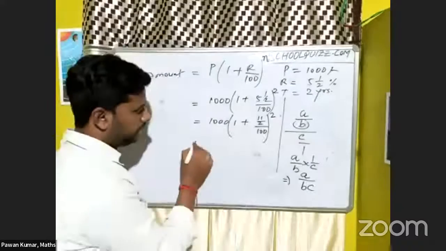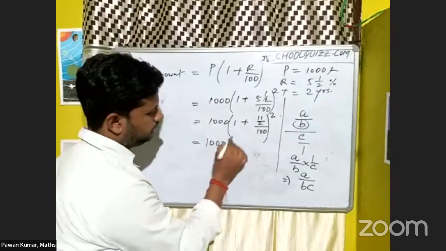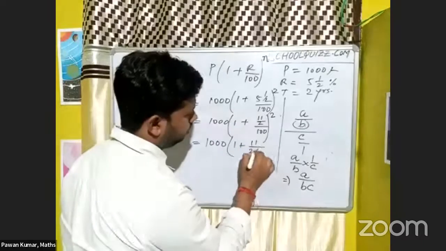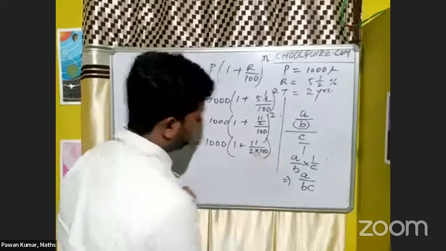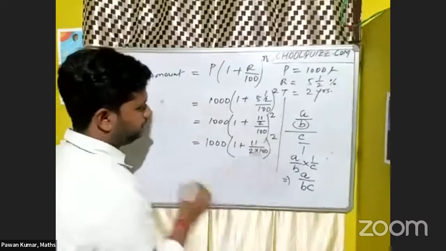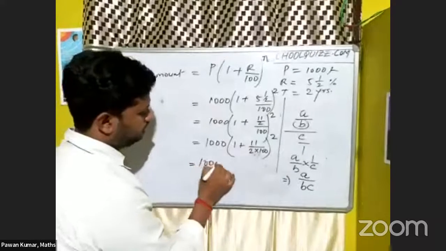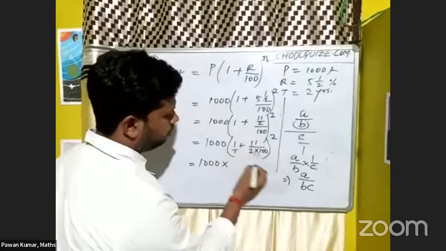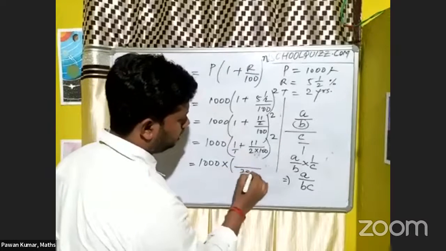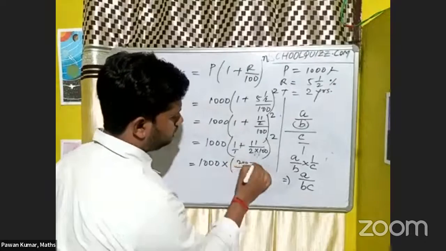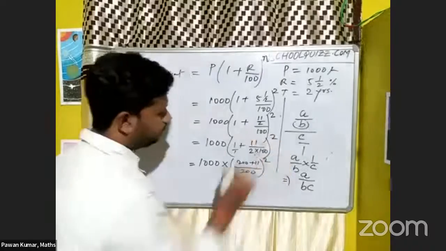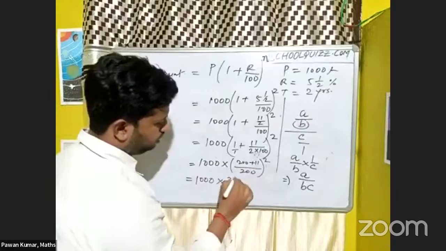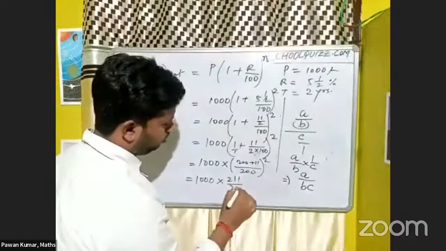So similarly, I can do it as 100. 1000 has 11 by 2 into 100. Okay, this will be the 2 here. So 1000 into, make it the LCM here, this is 200 plus 11, full power 2. So I can make it 1000 into 211 by 200.